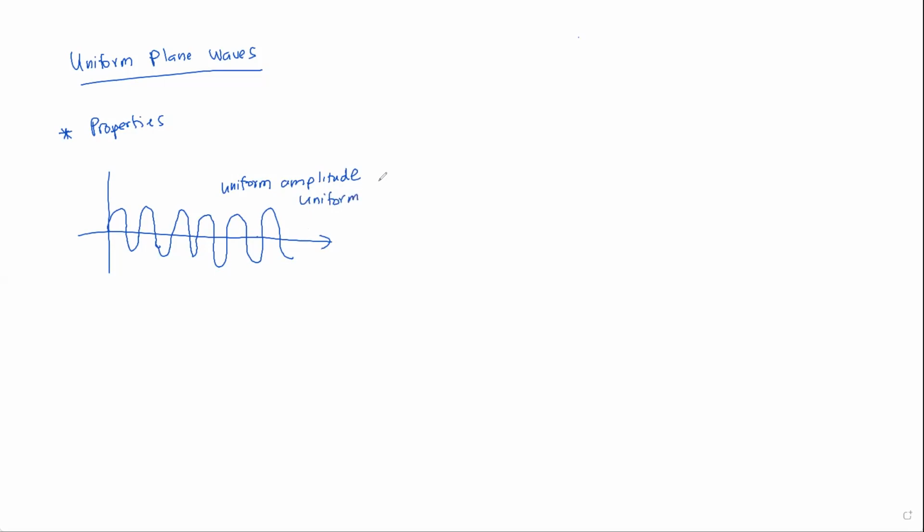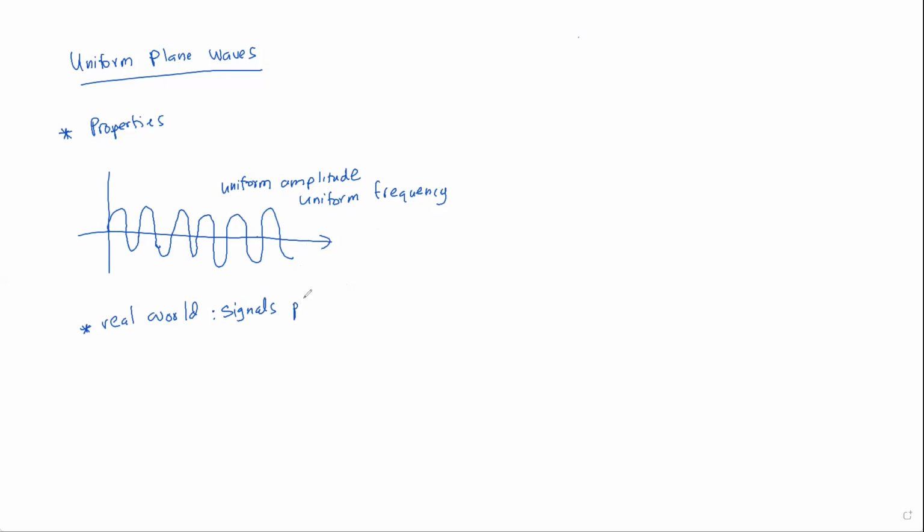So although we take this plane waves into consideration, in the real world, we have signals that propagate under some environmental conditions.